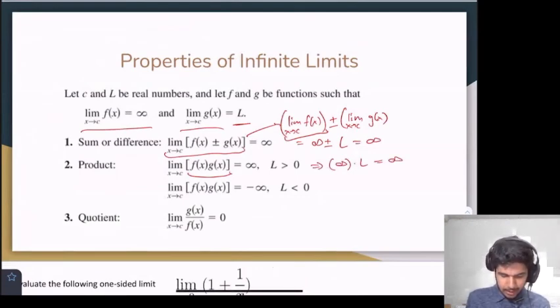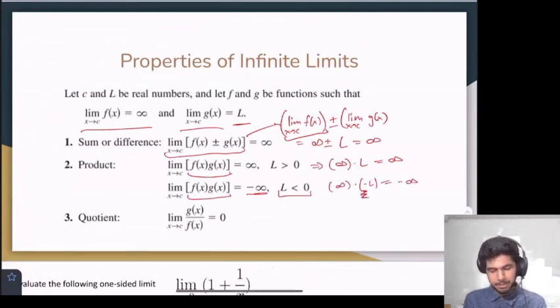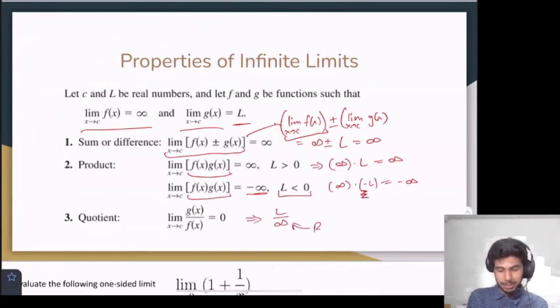And then same thing here, it's negative infinity when L is less than 0, so it's a very similar thing. The negative actually does play a part, it does flip the sign of infinity, so that's just another property of infinity. And if we take the quotient of them, this would be something like L divided by infinity, and infinity is really, really big.